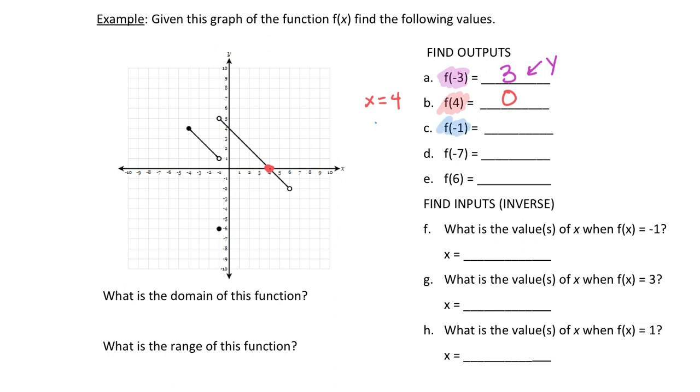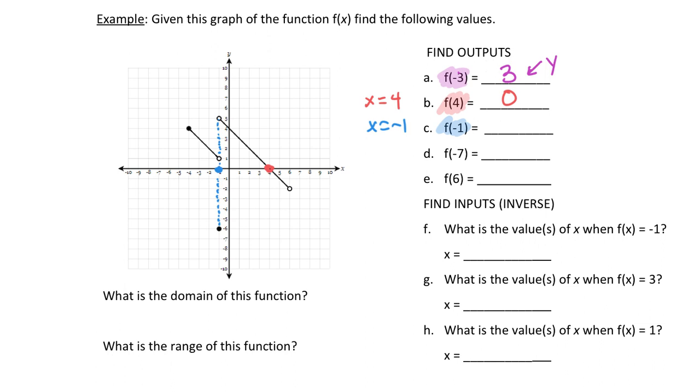So for example C, my x value is going to equal -1. So when I go to -1, it's right here. Now here's the tricky part. If we go up, we see a bunch of dots. But notice those are open dots. It means I don't have anything equivalent there. My actual answer is down here.